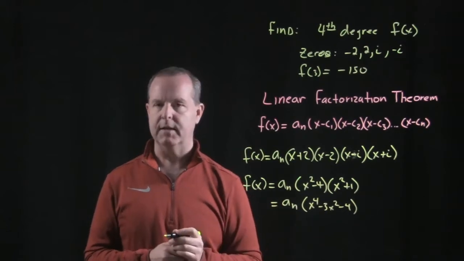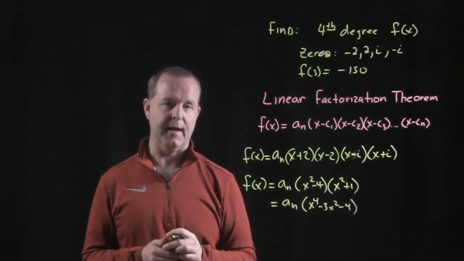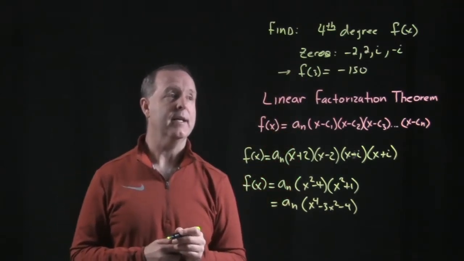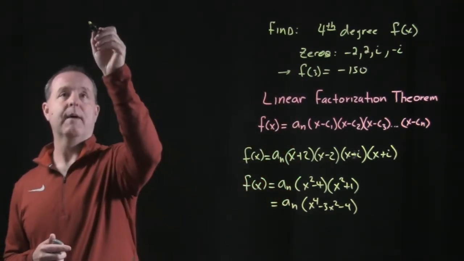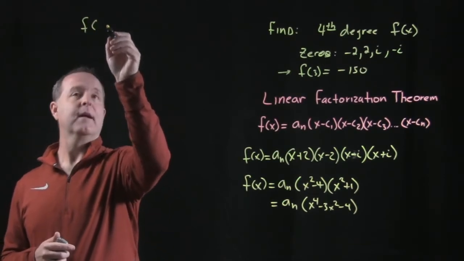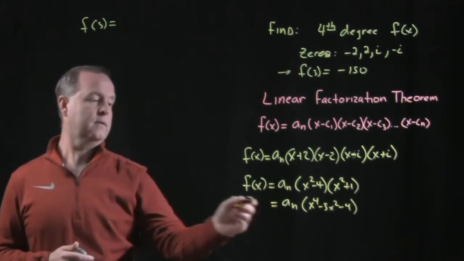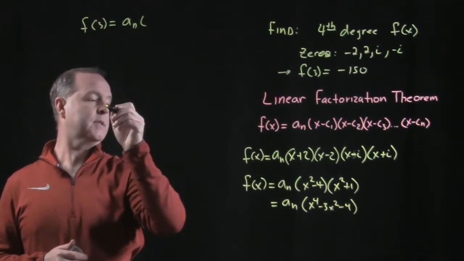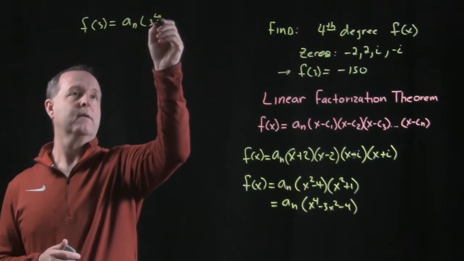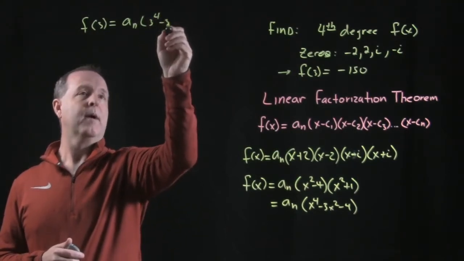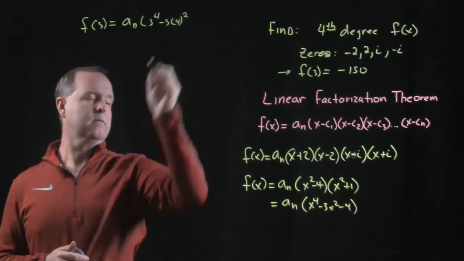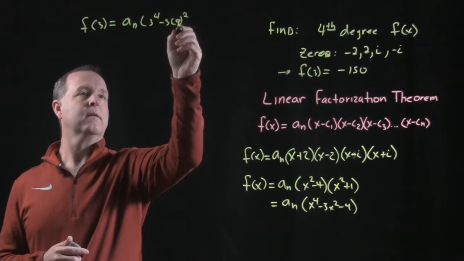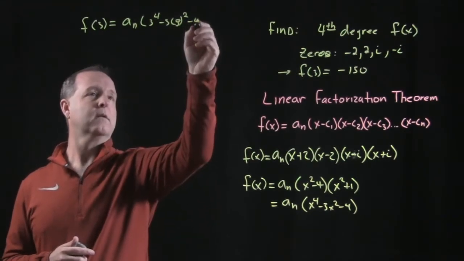Now I have this coefficient to deal with. So how do we deal with that? There's one more piece of information that I was given. f of 3 equals -150. So my function at 3, which is this function evaluated, is an a times 3 to the 4th minus 3 times 3 squared minus a 4.